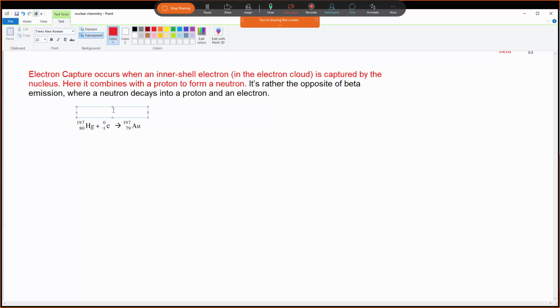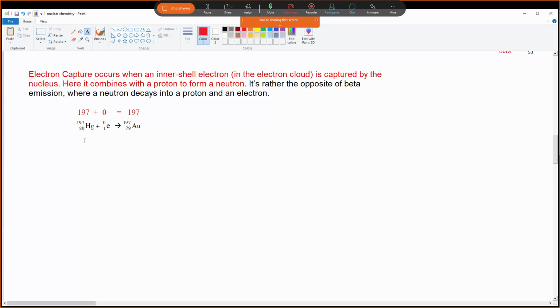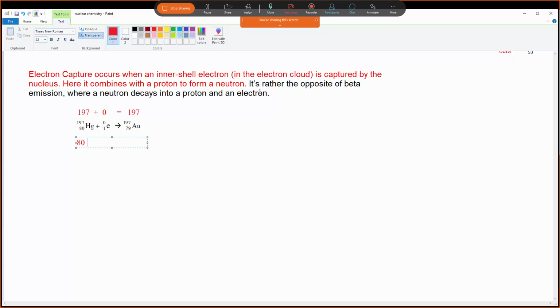Again, we can see we have 197 plus 0 equal to 197 on the right-hand side and left-hand side. And then we have 80, plus a -1, is equal to 79, right?